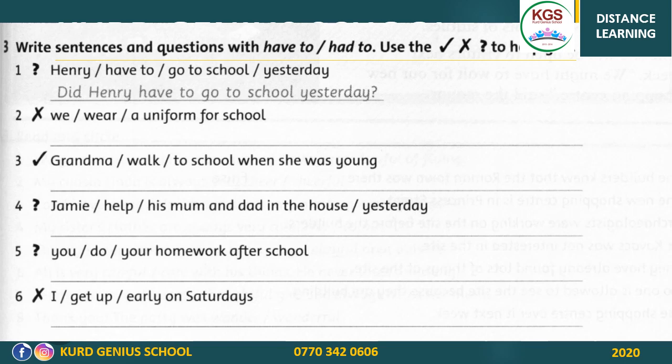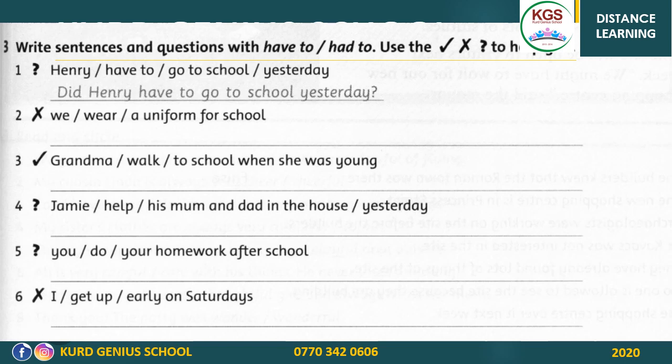Why did we use did for the question? Because we have yesterday. It tells us that it was in the past. So we start the question with a past tense.